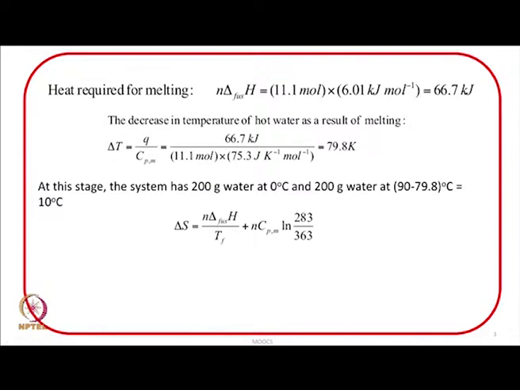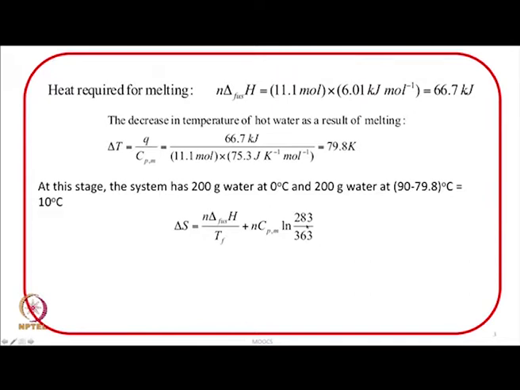And then, since the final temperature is 10 degrees Celsius, we have to now calculate the entropy change associated with the sample of water which was earlier at 90 degrees Celsius. For that we will use N CP log T final over T initial.